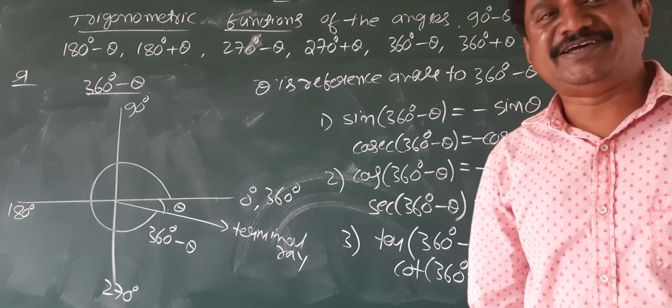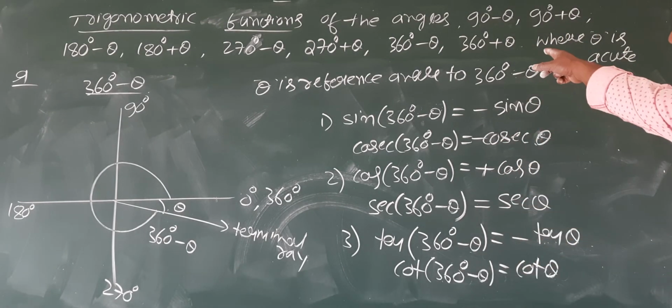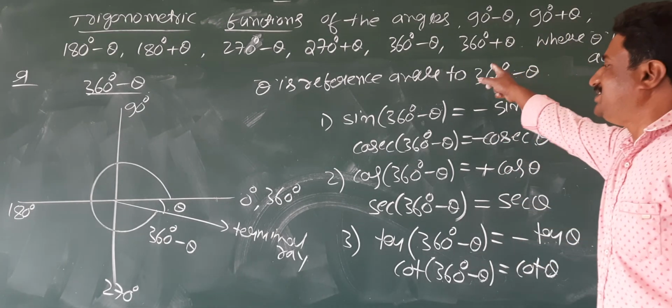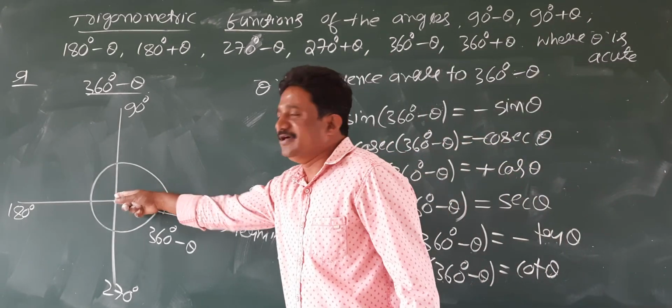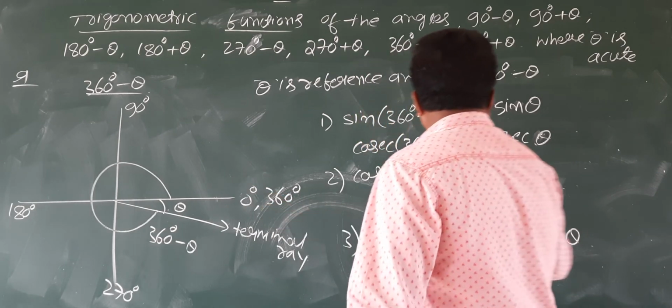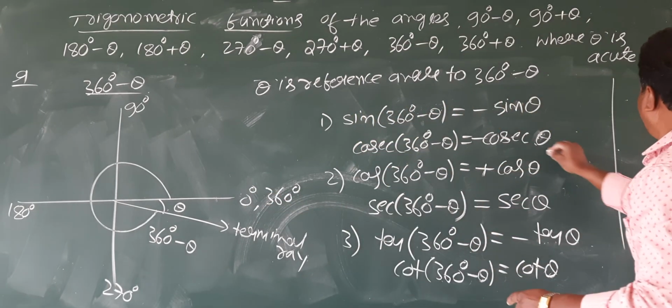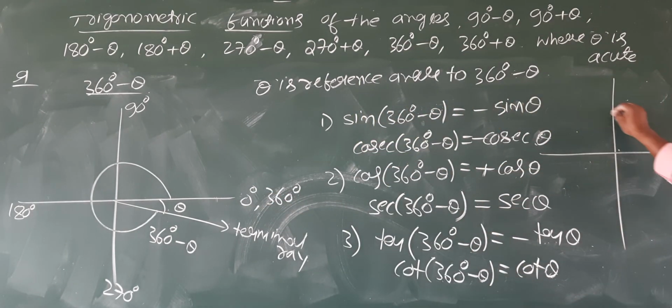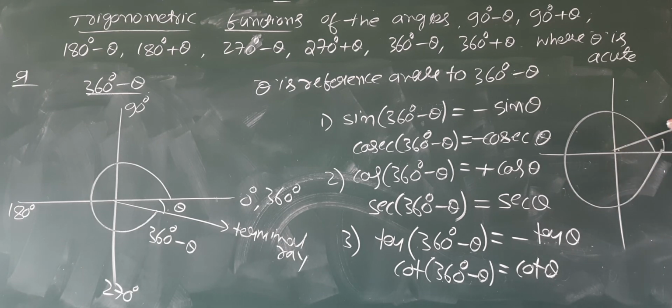Let us stop this class. You complete the rest on your own. For 360 plus theta, the reference angle is theta. Plus theta, it will go up like this. You draw full 360 plus theta. This is the terminal ray. This is theta.